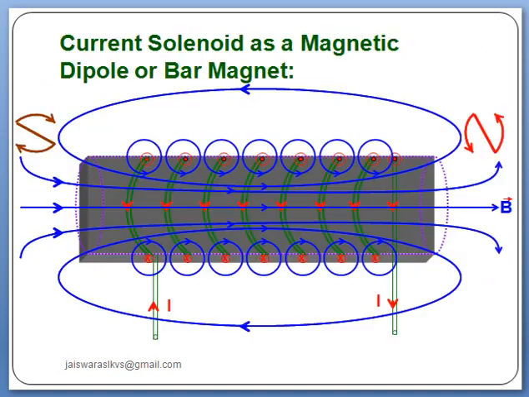Let us see the last point, that is current solenoid as a magnetic dipole or bar magnet.